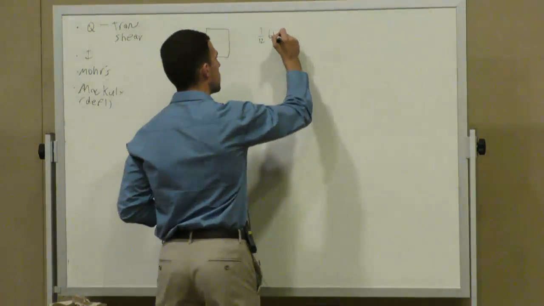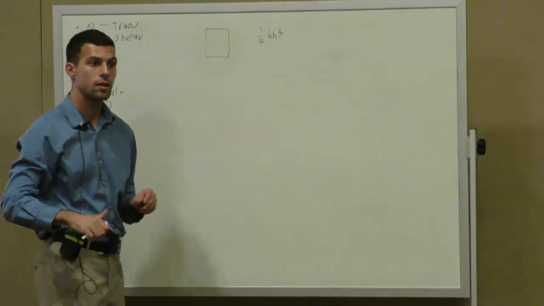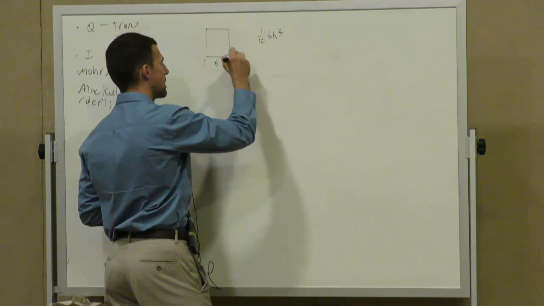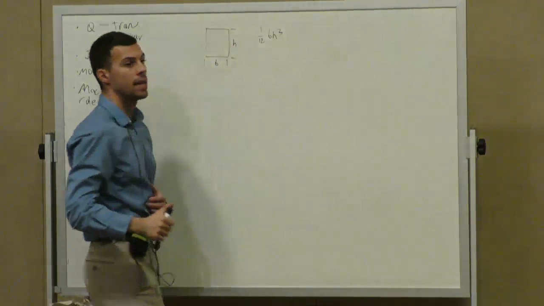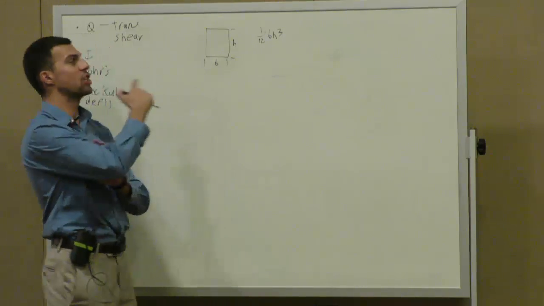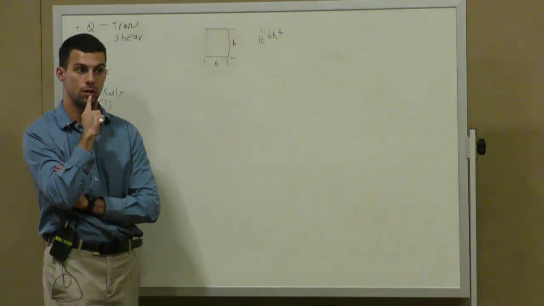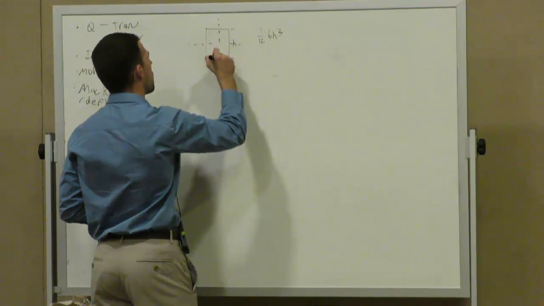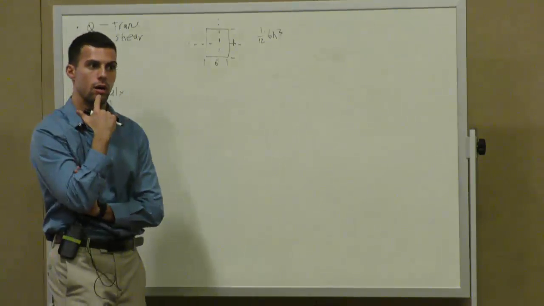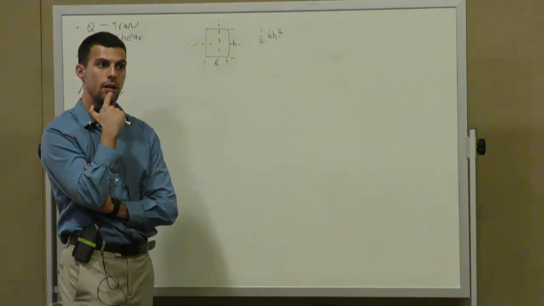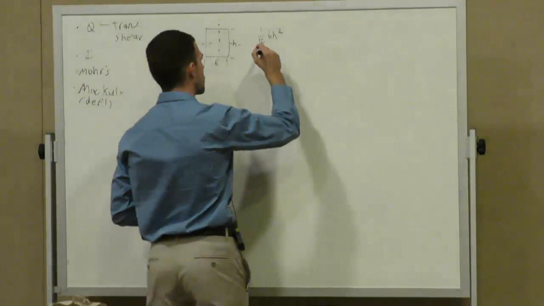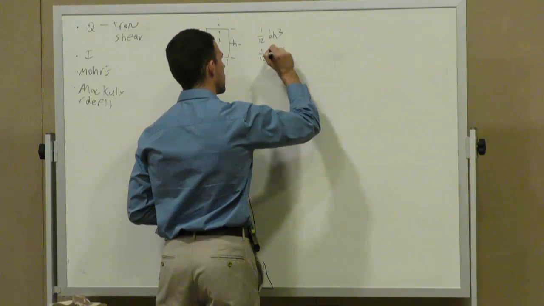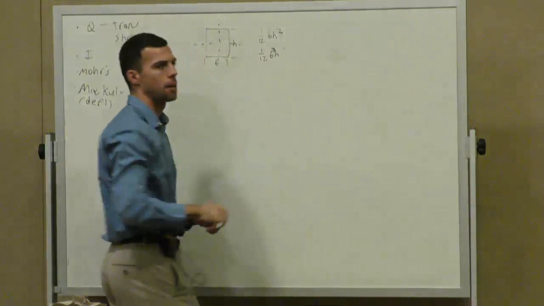So this would be base, and this would be height, right? Which axis is that about? A horizontal axis. If we wanted to do one about there, what would we do? b cubed times h. It flips.